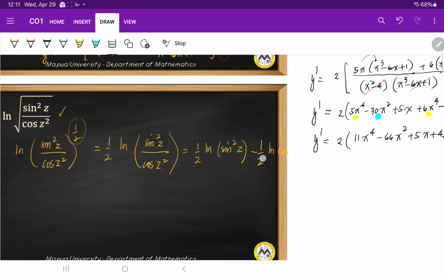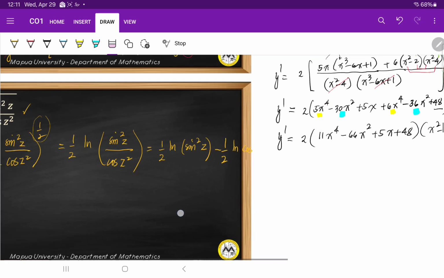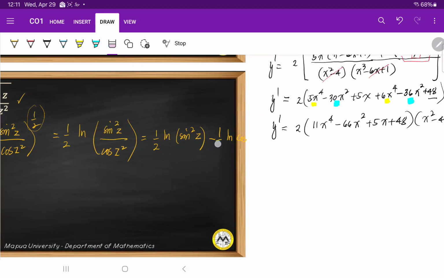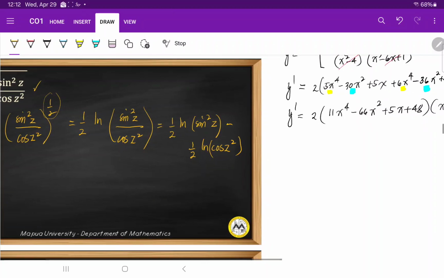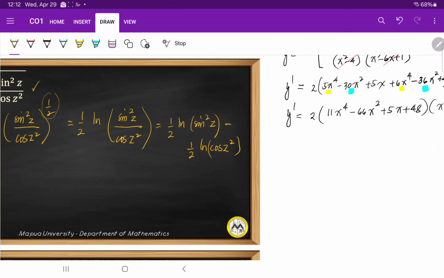Hold on. Let's just put it here. So, minus 1/2 ln of cosine of z square. Alright? So, can we still simplify? Yes, we can. Because this sine square z can be written as sine of z square.